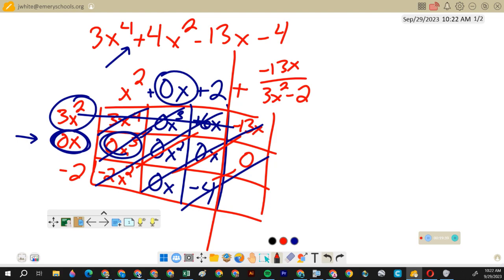So as soon as this exponent is smaller than this exponent, then everything from there over is going to be a remainder. And there's really no way to do it. Like there's no way to pull out an x squared. So once you reach the constant, everything after that is a remainder. Good question. All right, get to work.